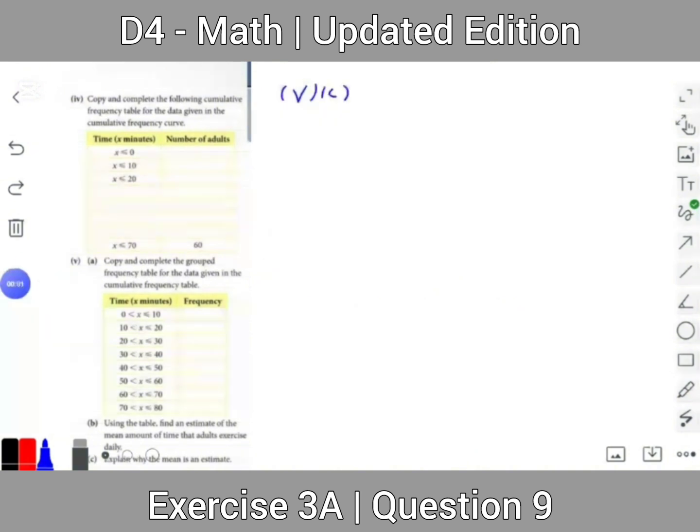Now in part 5c, explain why the mean is an estimate.